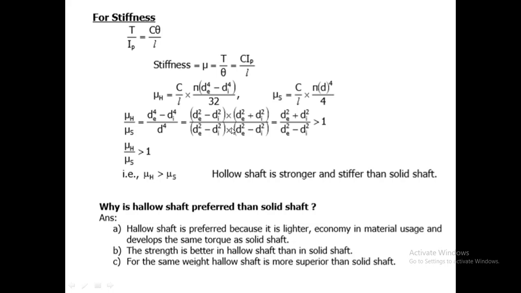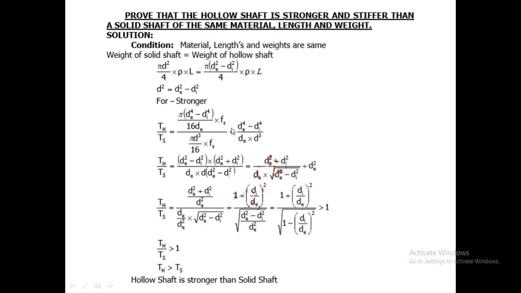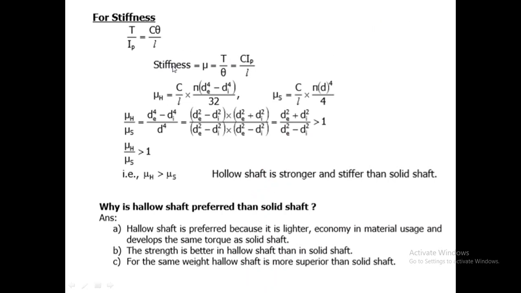So similarly, we can prove that the hollow shaft is stiffer, which is having more stiffness than the solid shaft here. The stiffness, I told you that angle of twist is a measure of stiffness in case of torsion. So we'll take the torsion equation, T by J is equal to G theta by L. So we'll take the stiffness here as T by theta.